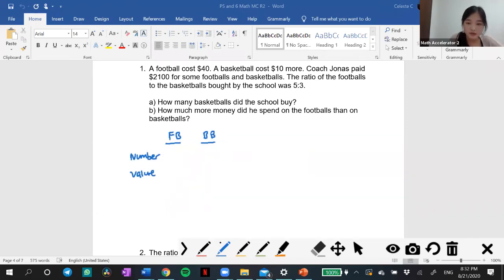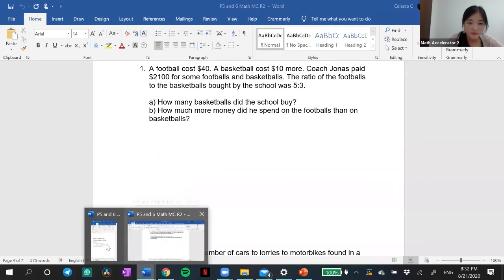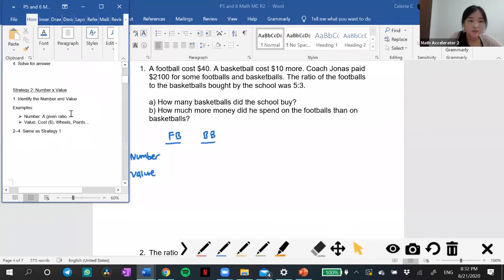Alright, so let's look at your strategy here again. The number is the given ratio. So look at your question. Your ratio is 5:3 for the football to basketball. So the number would be 5:3. How about the value? The value is the cost here.